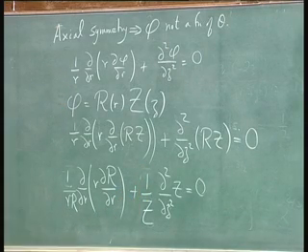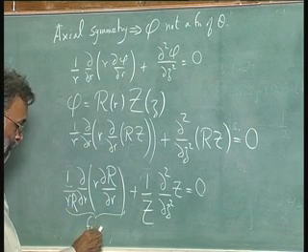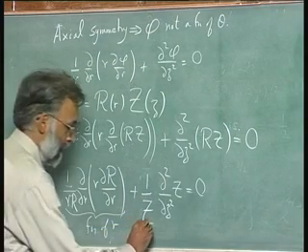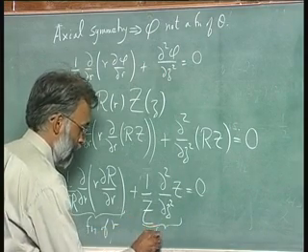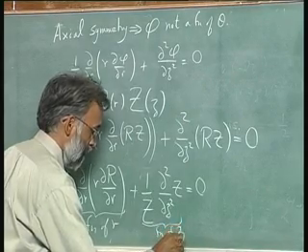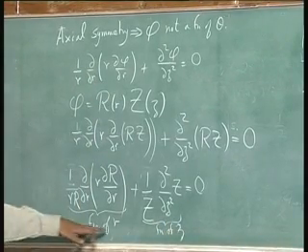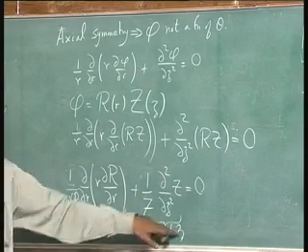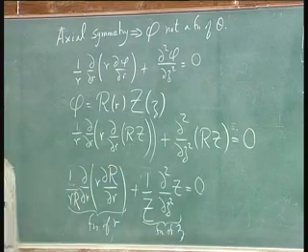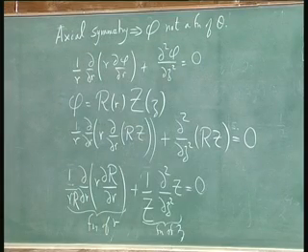Once again, this is a function of r and this is a function of z. So, since each is a function only of one of the two coordinates, each is a constant. So, what does that give us?